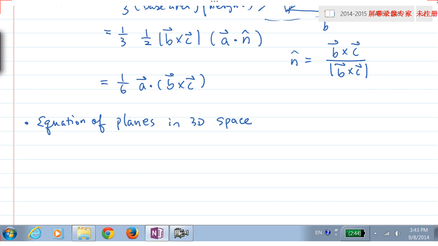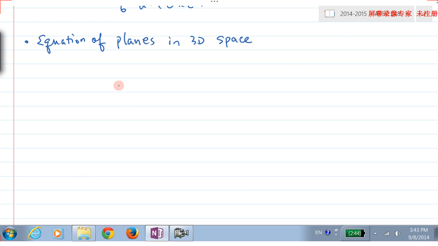So let's model this question slightly differently, so we can facilitate deriving this equation of a plane. From your high school geometry, everybody knows that 3 points determine a plane uniquely. So 3 points at different locations will determine the plane.